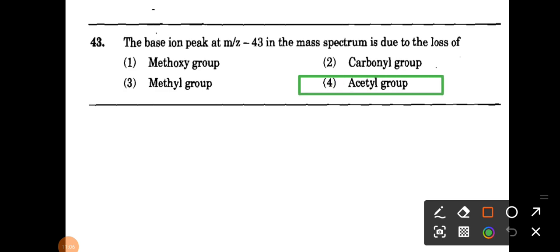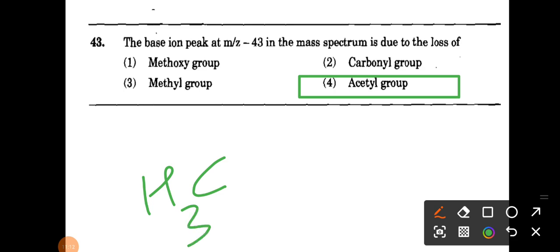That is the acetyl group, right? How? It is CH3 C double bond O. So this ion is the acetyl group, and the molecular weight of this one is 43, CH3CO, right? So that's why the answer is acetyl group.